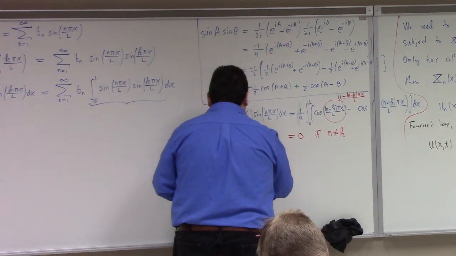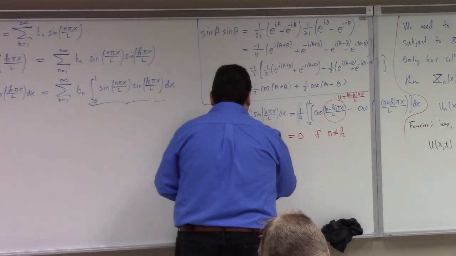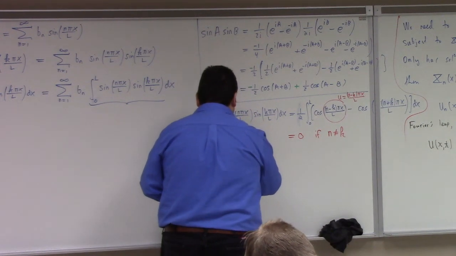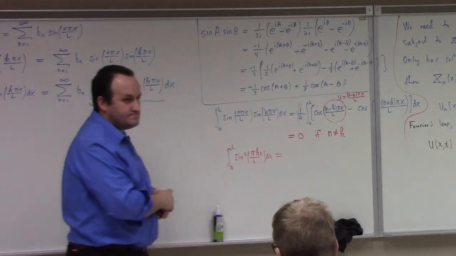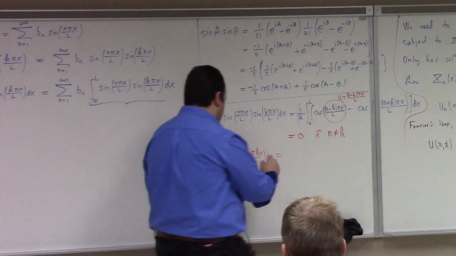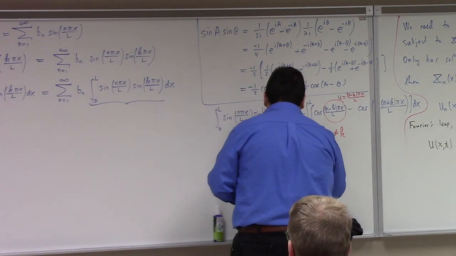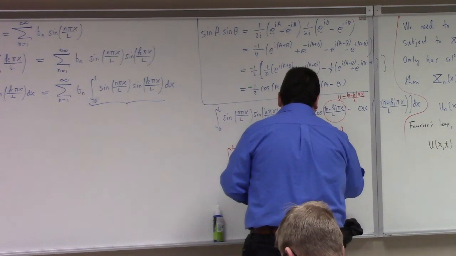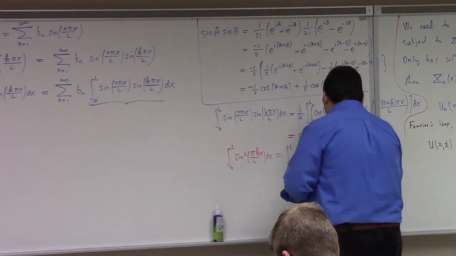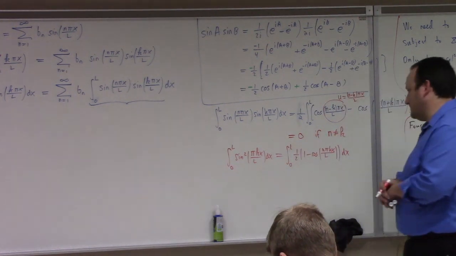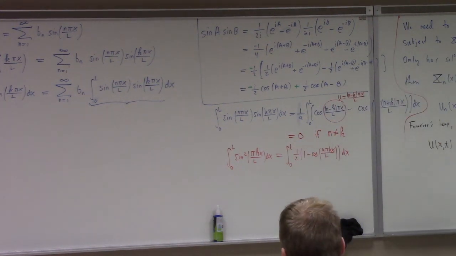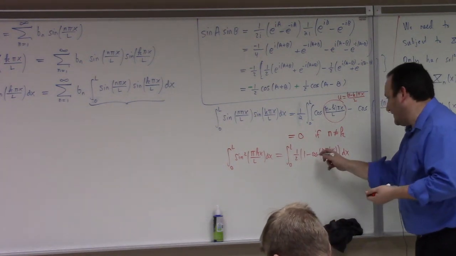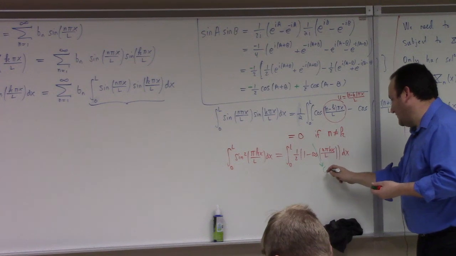We get the integral of sine squared of pi kx over L dx. And what's that equal to? One half of 1 minus the cosine of 2 pi kx over L dx, right? Now, for the reasons I was just describing, the cosine term integrates to 0 because it becomes sines, and sines evaluate to 0 under these bounds, so that piece dies.